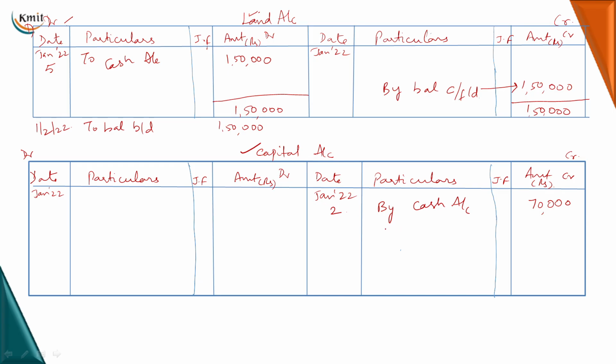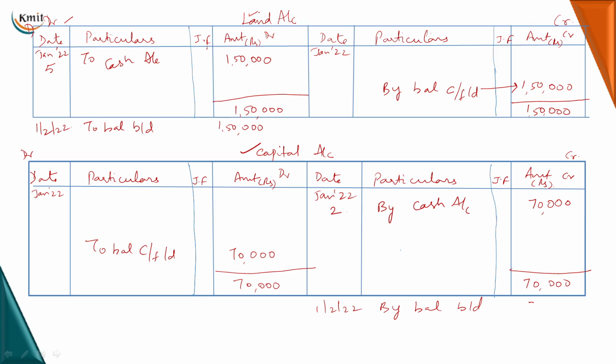Similarly, this one, 70,000, to balance carried forward or carried down 70,000, by balance brought down 70,000.